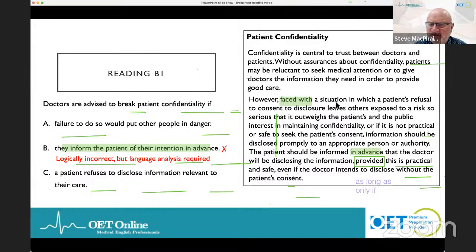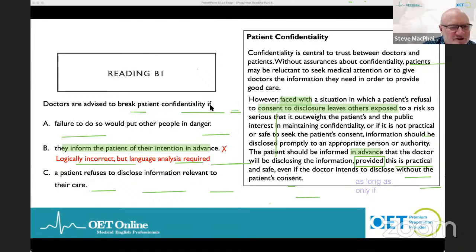Yes, faced with a situation in which a patient's refusal to consent leaves others exposed, the patient refuses to disclose information. Again, it's only half the sentence. We can see the danger, can't we, everyone, as I said earlier. These words are mentioned, but it's just a phrase, right? But it's not giving a reason to break.